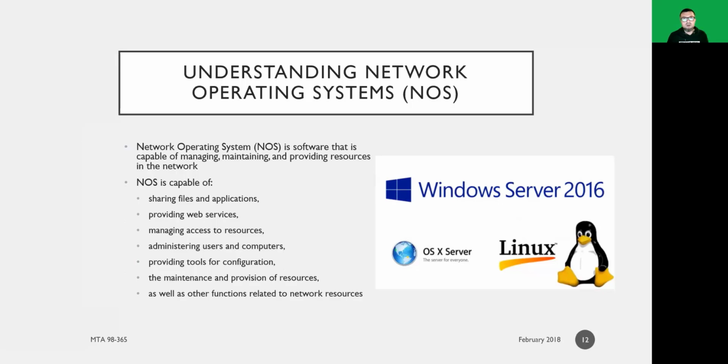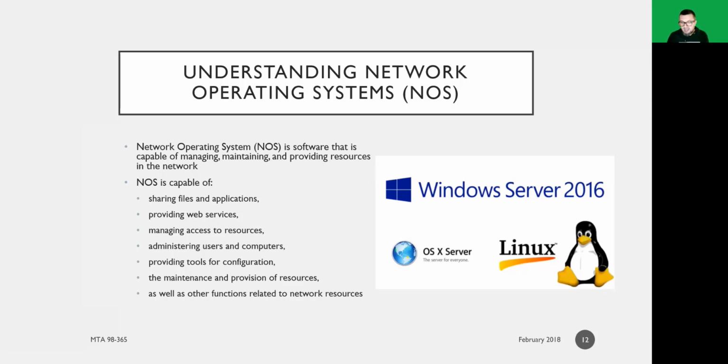Understanding the network operating system. What is the network operating system? Well, the network operating system is any operating system that can provide network services. Let's take an example of one single network service, file services. Any operating system that can share files, that particular server, host or computer, can claim to be a network operating system, or have an operating system that is a NOS.